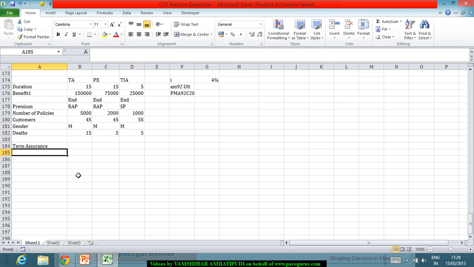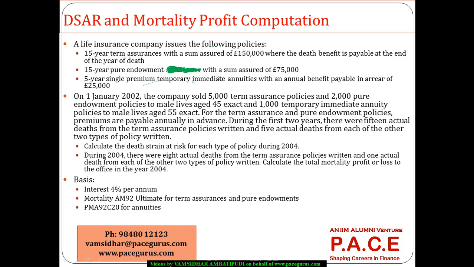We will try finding out the annual premium P. The annual premium P times ä 45:15 should be equivalent to 150,000, the death benefit, paid on the death, times A 45:15.